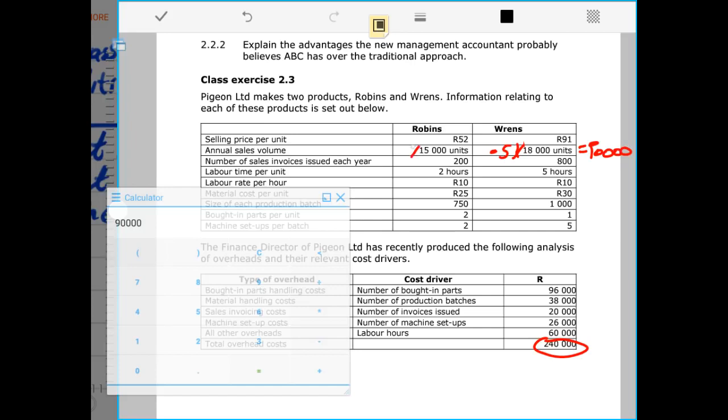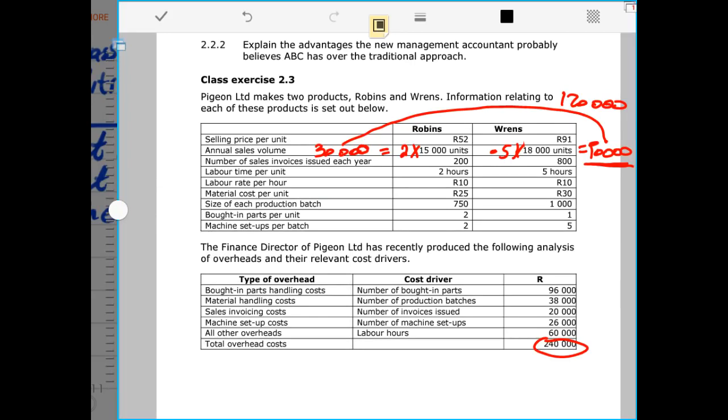And here we said 15,000 times 2, and that gave us 30,000 hours. So 30,000 plus 90,000 gives us 120,000 hours, of which 30,000 is the hours to complete 15,000 units of Robins, and 90,000 hours is the total hours needed to complete 18,000 units of Wren.